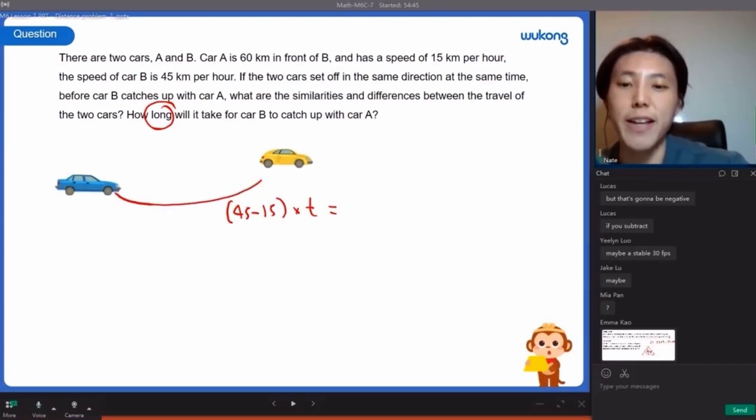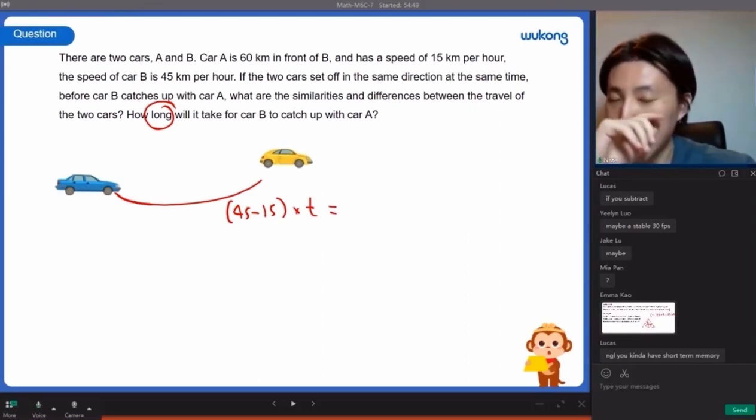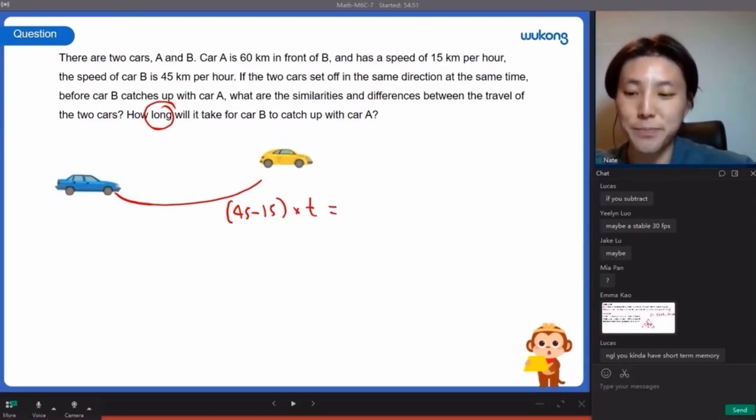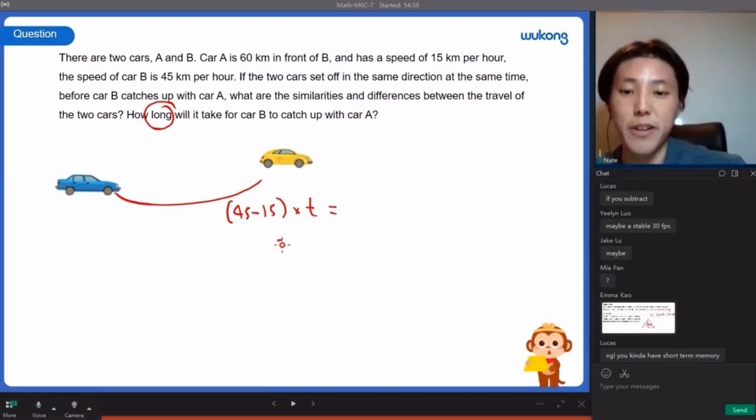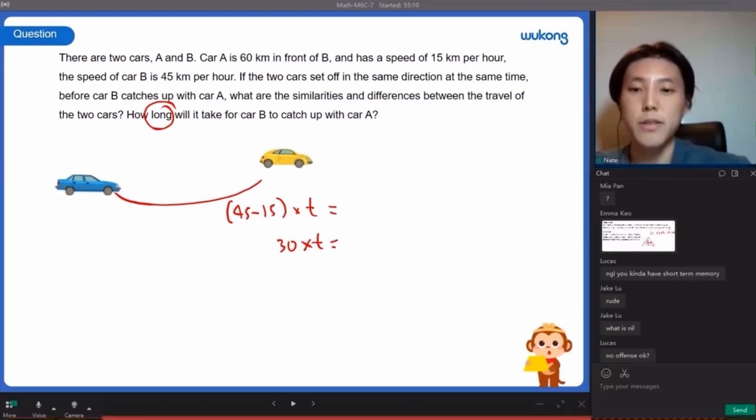But yeah, it's going to be 2 hours, and there are 30 kilometers. Yep. So 30 times time would equal the distance. Yep, it'll be 2 hours.